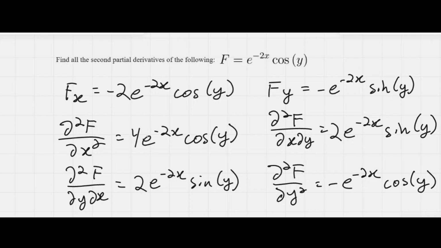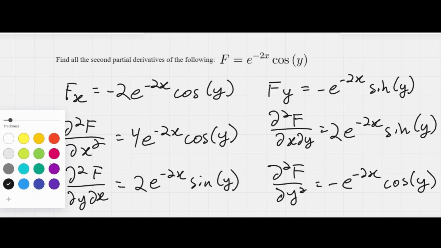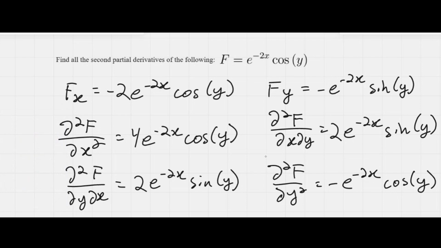However, I would like to take note of something. What I'd like for you guys to notice is that both of these partial derivatives are the exact same.